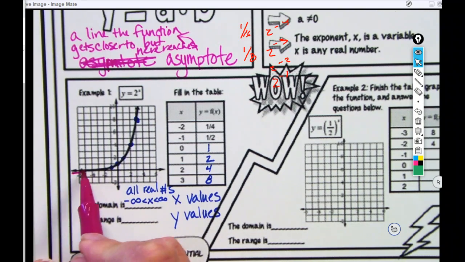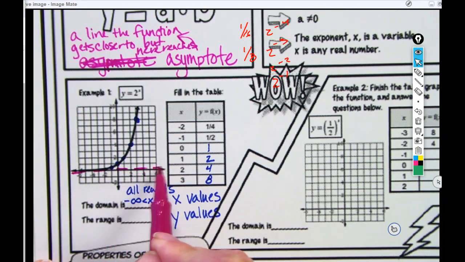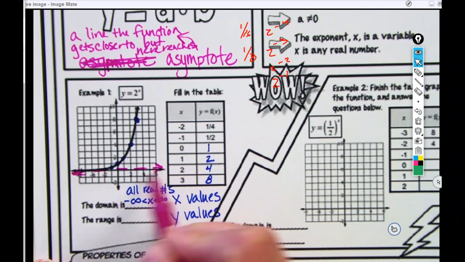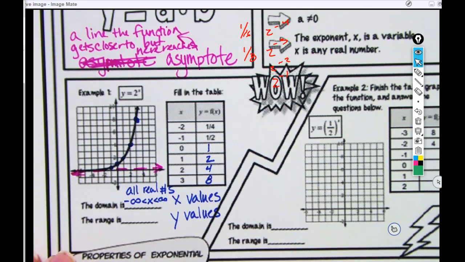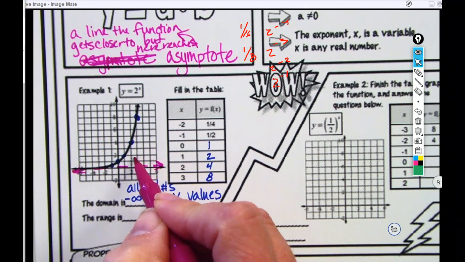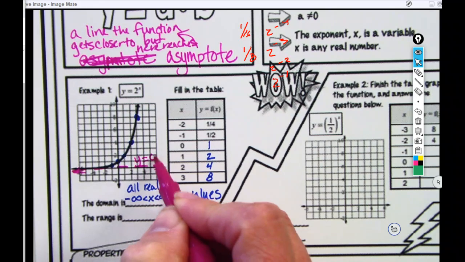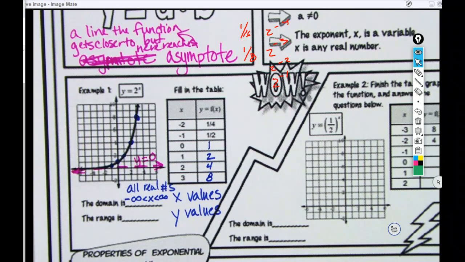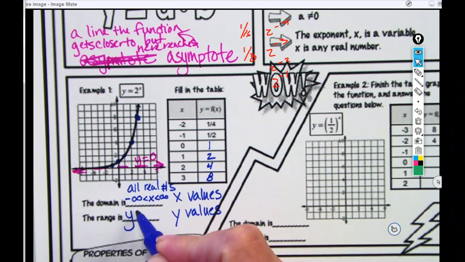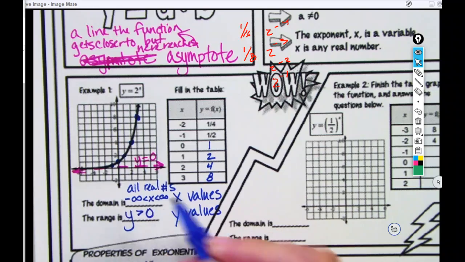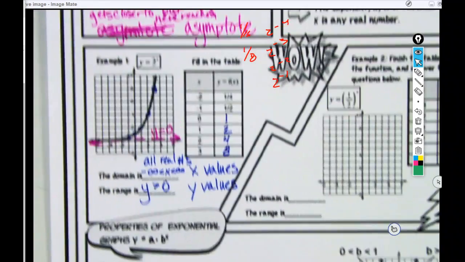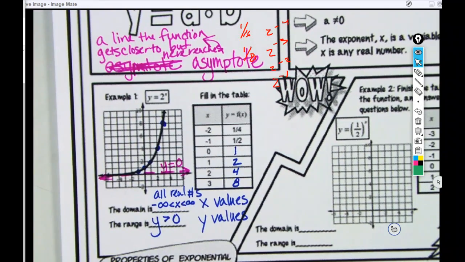So this one actually has an asymptote at 0. So y equals 0 is an asymptote. And that lets us see that our range, y can't be 0 or negative, so y has to be greater than or equal to 0.